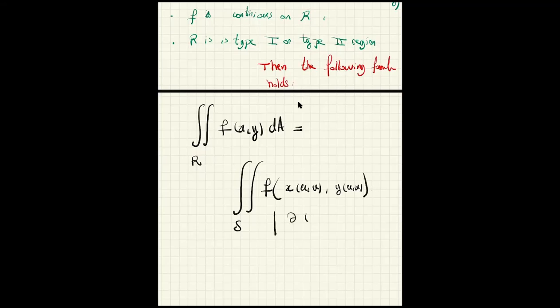Do we multiply the Jacobian at the end or inside the integral? It's inside the integral. We'll do an example, you'll see.